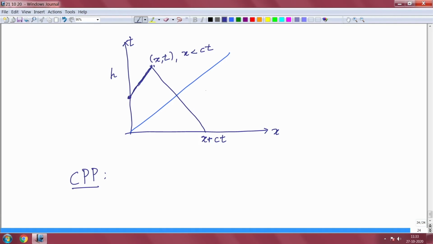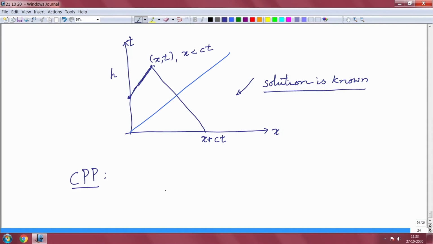But in this region we already know the solution, and that is given by D'Alembert's formula. So, if we can choose two appropriate points in this domain, namely x bigger than c t, which form a characteristic parallelogram, then we are able to find the solution u at the point (x, t).